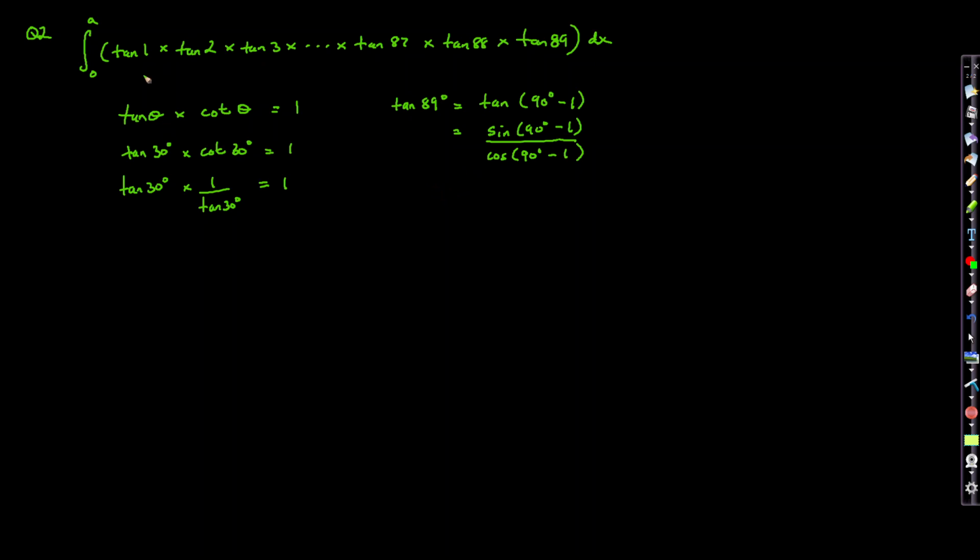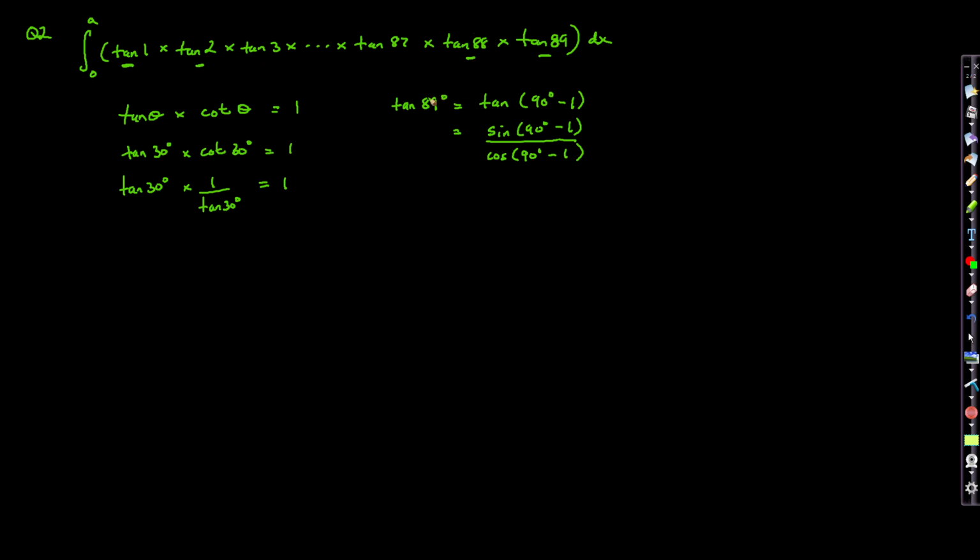Coming back to this, one last clue on that. If you were to look at the tan of 1 and the tan of 89 as a pair, and then also these other ones like tan of 2 and the tan of 88 as a pair, consider what they would be as a pair, the tan of 2 times the tan of 88, where you can try and write this as the cotan of something.